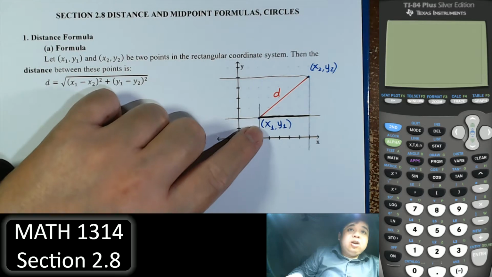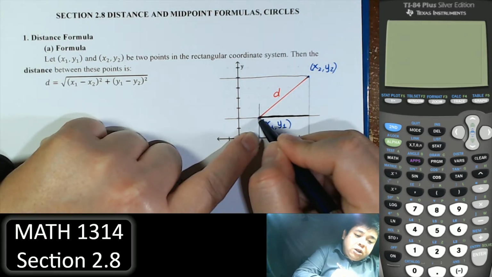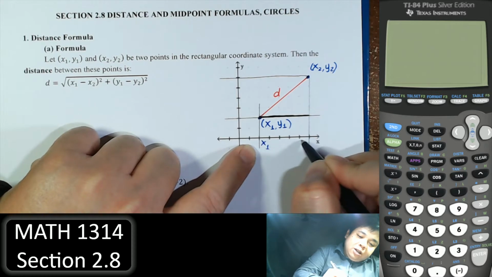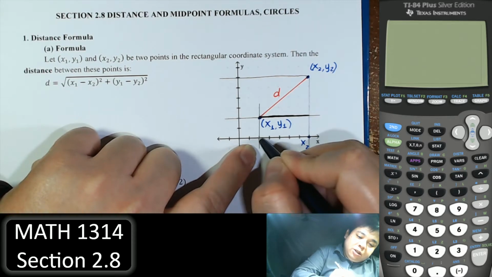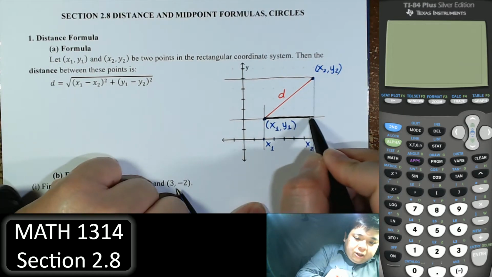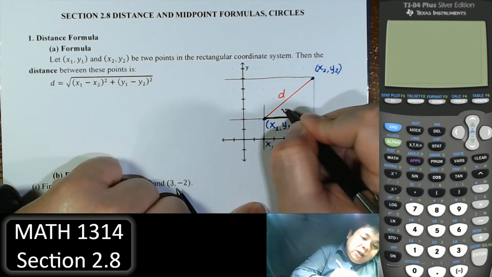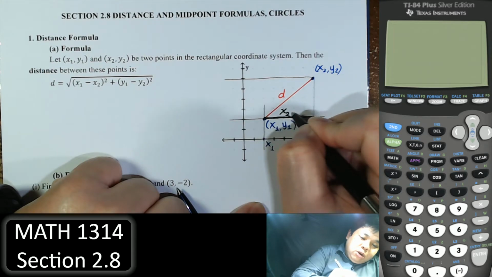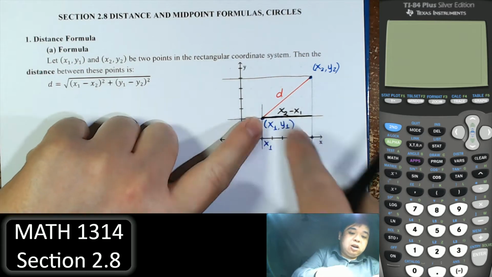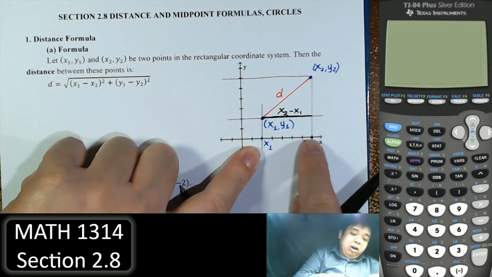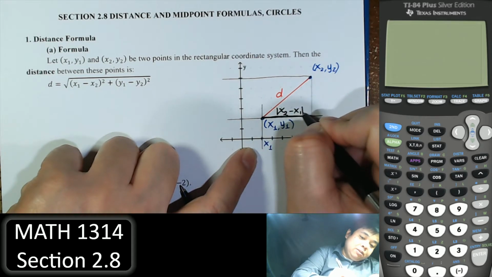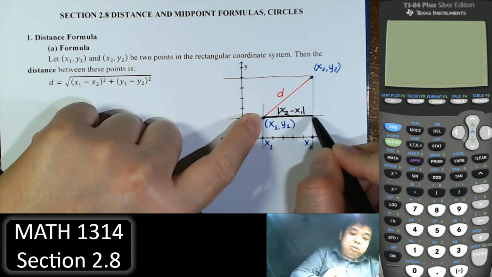Since the points are x1, y1 and x2, y2, this is x1, and this is x2. So this distance here is x2 minus x1. Just so that the x2 might be on the left side, so x2 minus x1 may be negative. So I'm going to put the absolute values there to guarantee that this is the difference between the x values.